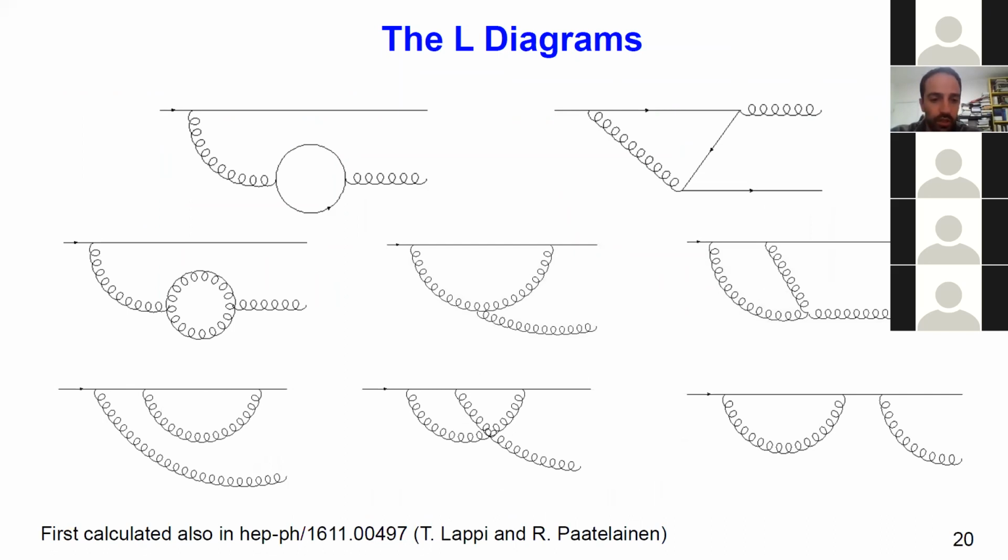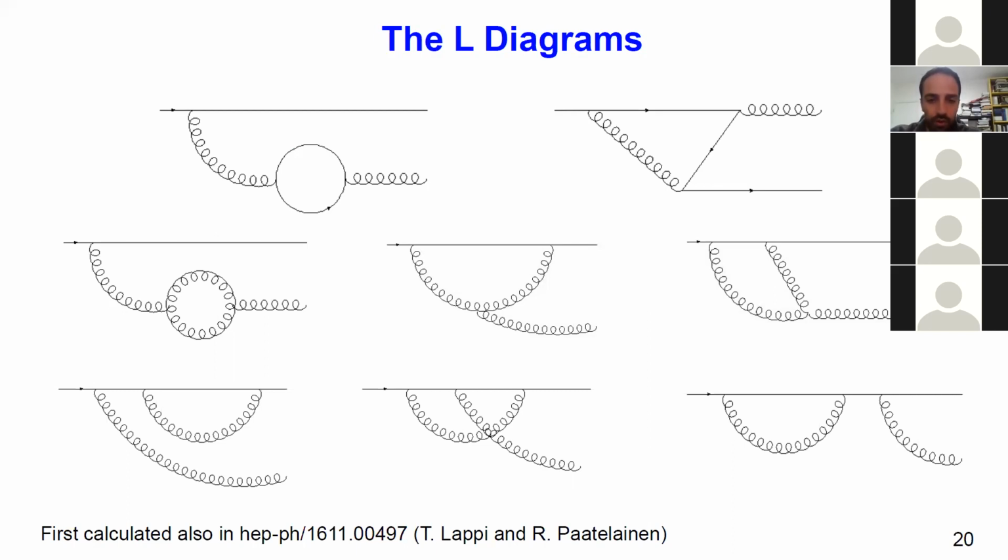We know that these diagrams cannot have something worse than a log divergence. And that's why we computed them from scratch once again. And then I'm going to give you some more information about that.